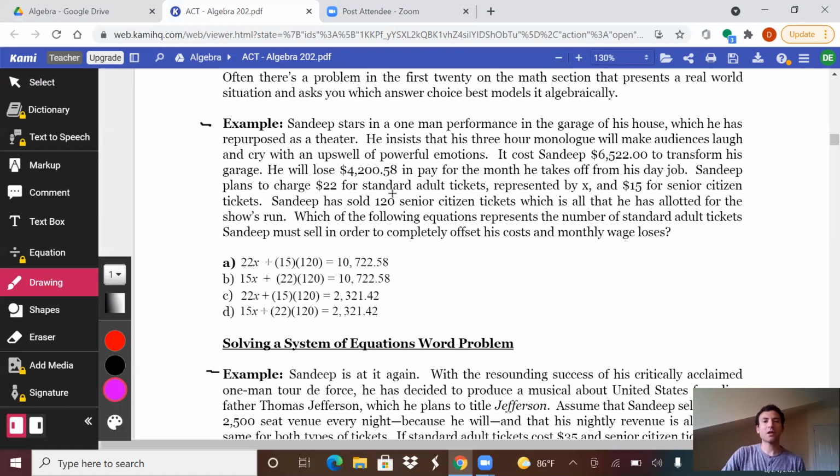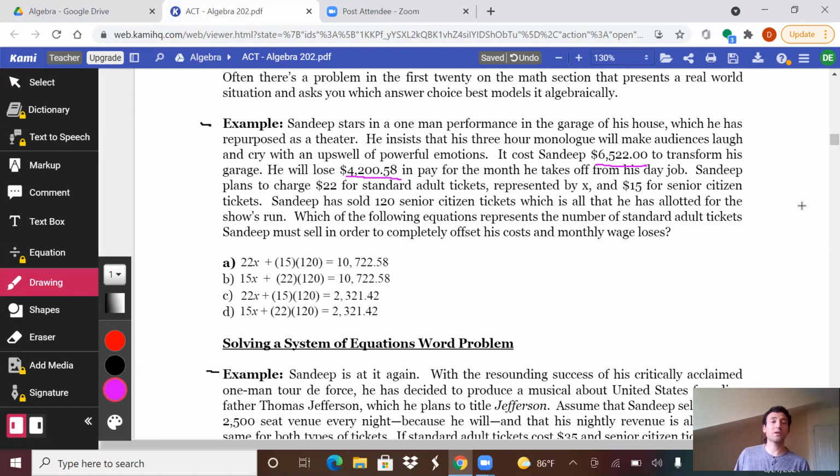Sandeep stars in a one-man performance in the garage of his house, which he has repurposed as a theater. He insists that his 3-hour monologue will make audiences laugh and cry with an upswell of powerful emotions. It costs Sandeep $6,522 to transform his garage, and he's also going to lose $4,200.58 in pay for taking the month off from his job.